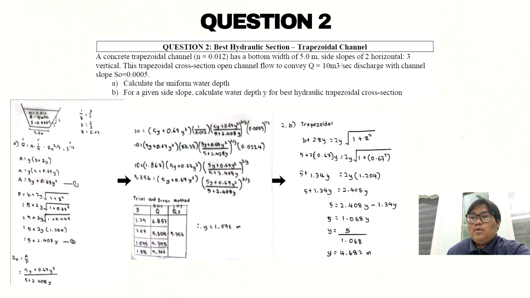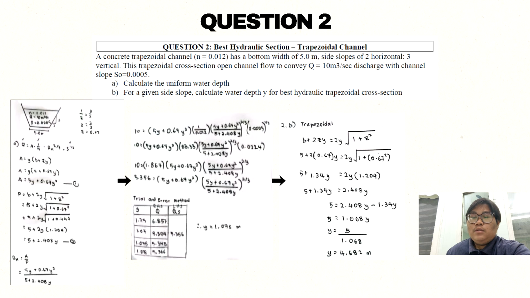After that, for the left, you get 5 plus 1.34y, and for the right one is 2y times 1.204.